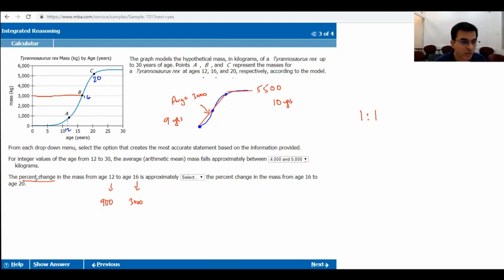So the easiest thing to do on the calculator would be 3000 divided by 900. I'll just tell you how much it works out to be.